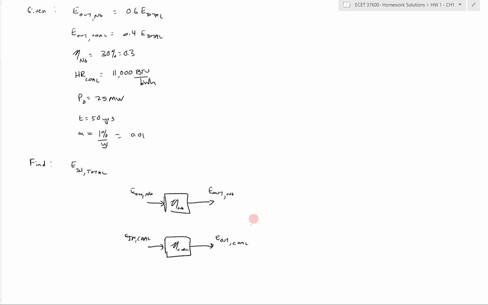So the total output is going to be E, it's just the two of those added together, right? Those are the two sources of energy, the natural gas plants and the coal plants.